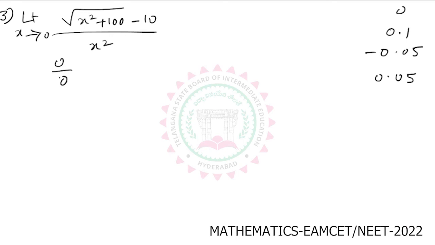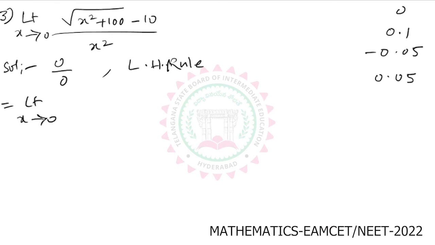Therefore, I am applying the L'Hospital rule. Okay? Applying the L'Hospital rule, LH rule, I will write in short form. Is equal to limit x tending to 0 as it is.